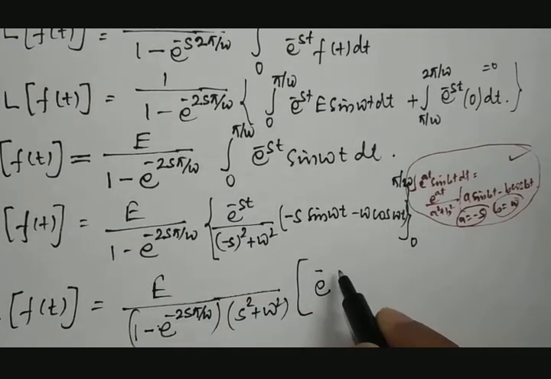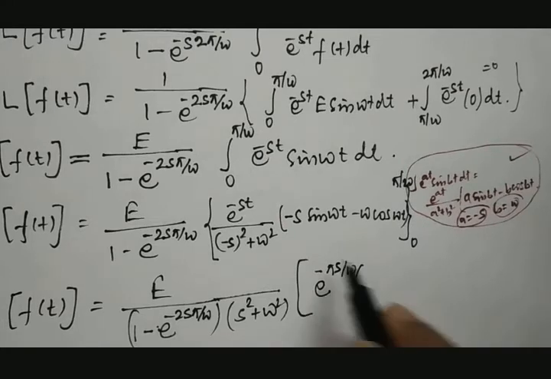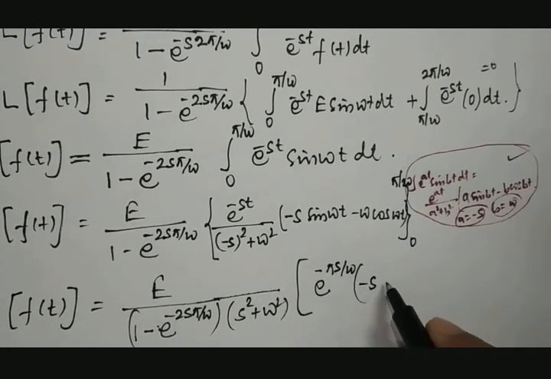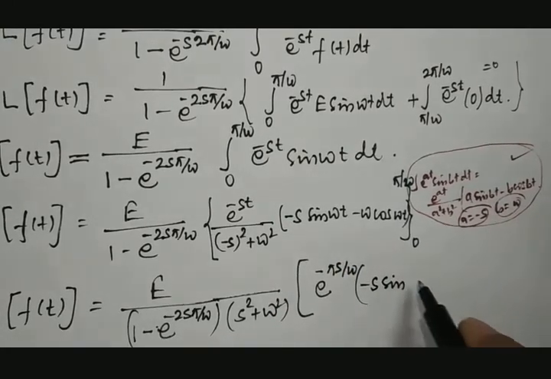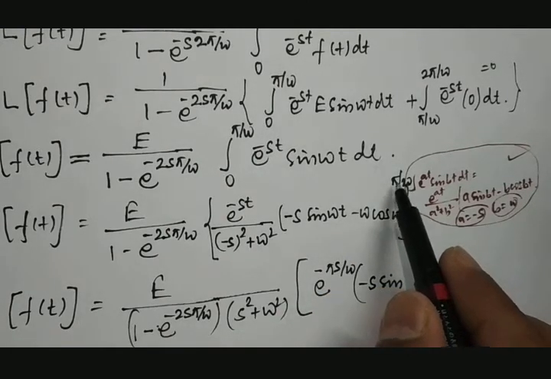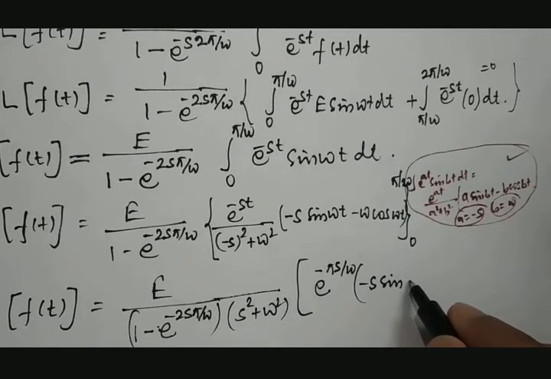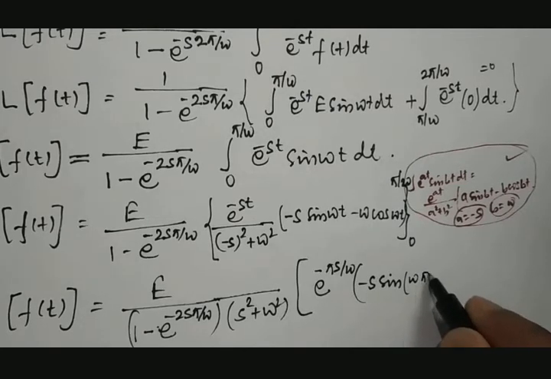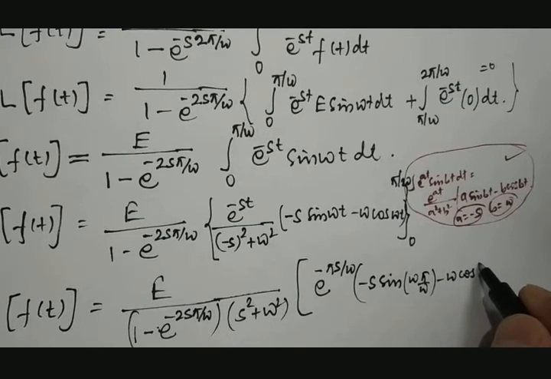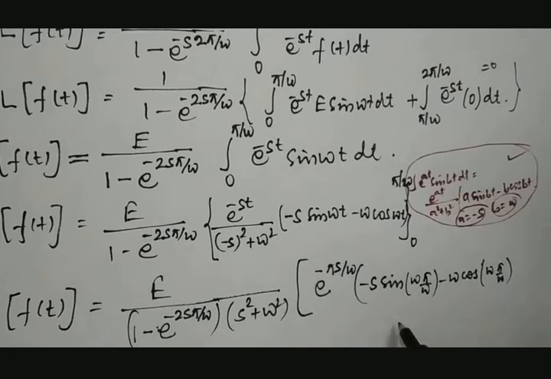Then it becomes pi s by omega into minus s into sine, in place of omega we are substituting pi by omega. Fine. Then pi gets cancelled. Omega into pi by omega minus omega into cos omega into pi by omega. Okay.